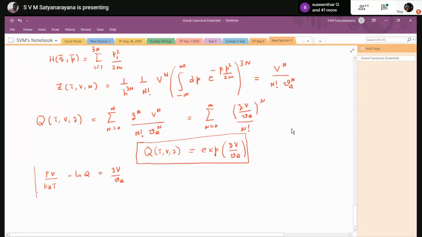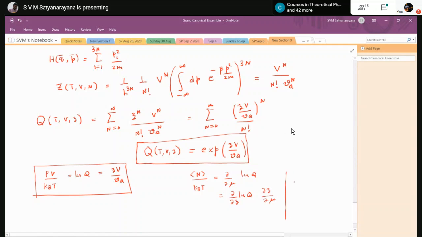So this is one equation, and then I have the average number of particles divided by kBT equal to dou by dou mu of the logarithm of Q. But I would like to write this as dou by dou z, in terms of fugacity, of the logarithm of Q into dou z by dou mu. Remember that z is equal to e to the power beta mu.